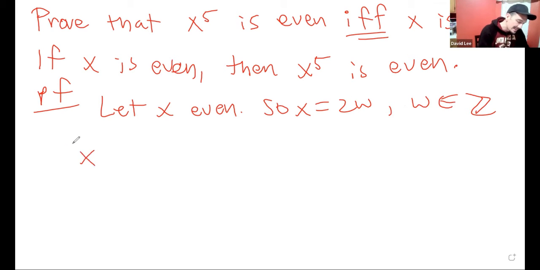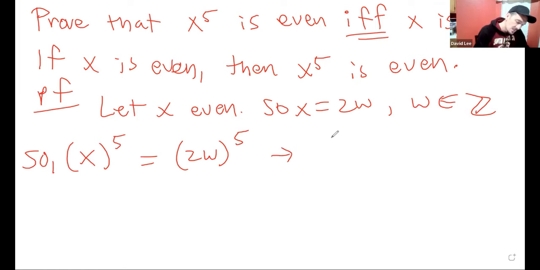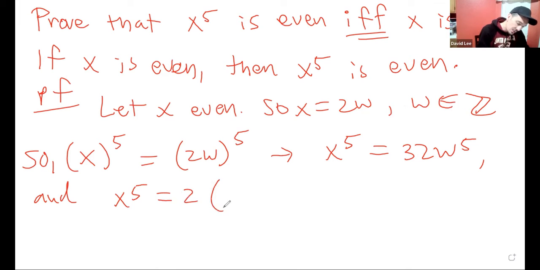So we have x to the fifth equals (2w) to the power of 5. And this gives x to the fifth equals 32w to the fifth.